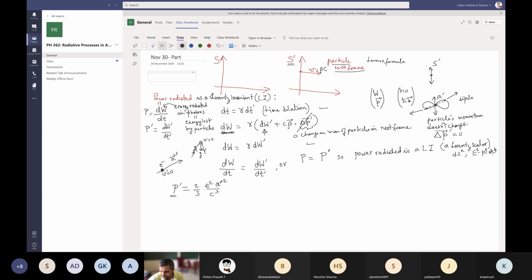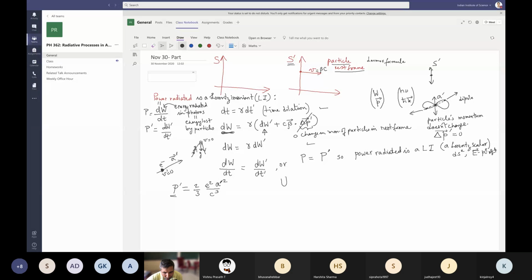So whatever remains the same in the two Lorentz frames is a Lorentz scalar. So we should be able to write this in a Lorentz invariant form, which manifestly shows that this is a Lorentz scalar.